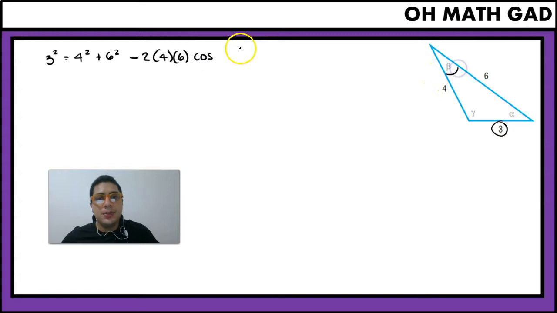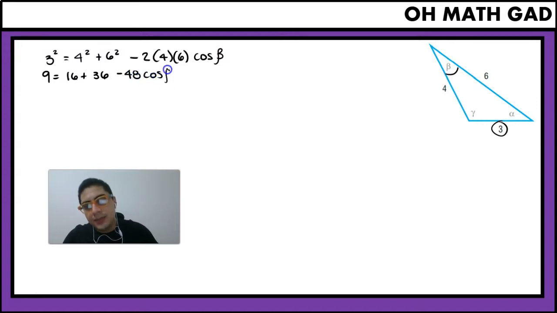So in this case, the opposite angle to 3 is going to be beta. And we just have to solve for beta. So 9 is going to be equal to 16 plus 36 minus 2 times 4 times 6, which is going to be 48 times the cosine of beta.